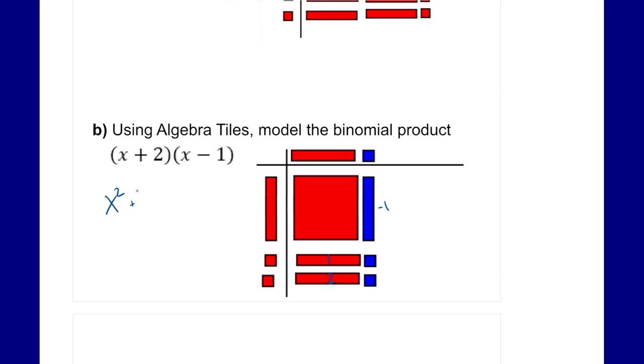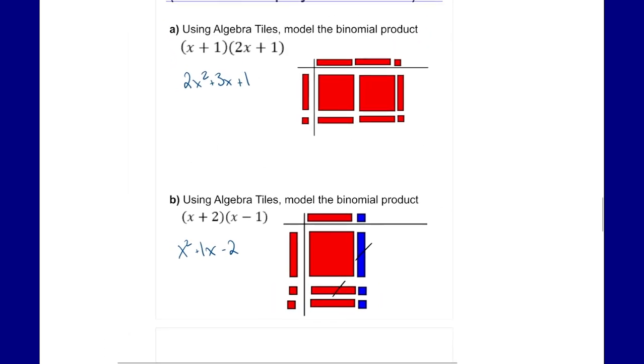So I have plus 1x, because one of these x's cancels out with the other. And then I have 2 negative 1's, or minus 2. And that would be my expansion. So again, you can use algebra tiles to represent this multiplication and find the product like we've done here.